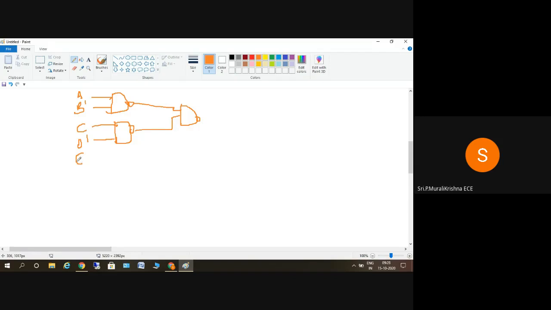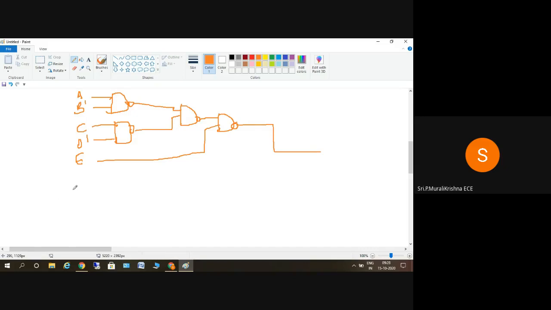Okay, so this E is given to another gate. This is AB bar plus CD bar into E. This is the expression here.